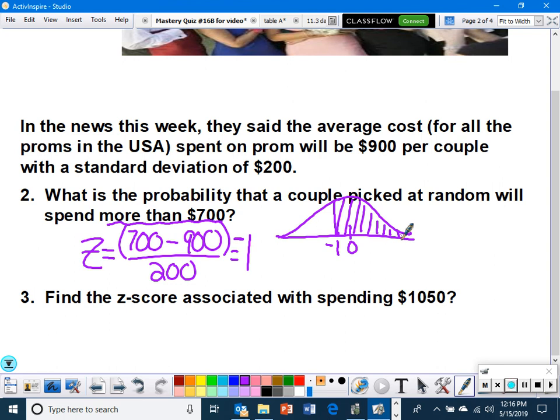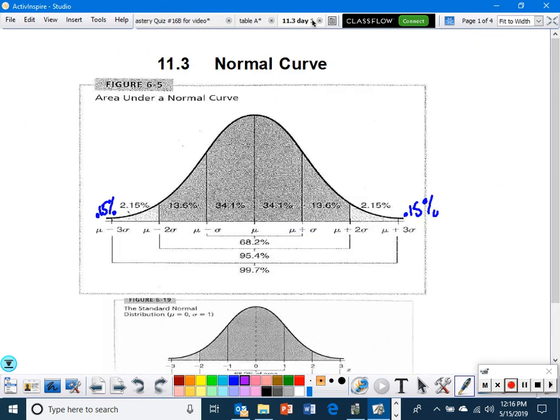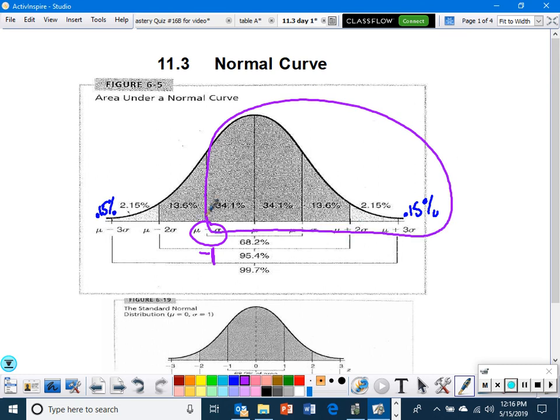Instead of using the table, let's look at the curve. So this is one standard deviation below the mean right here. So basically, I want to take all of those and add them up. So I want to take 34.1 plus 34.1 plus 13.6 plus 2.15 plus 0.15. Okay, that gives me 84.1%.